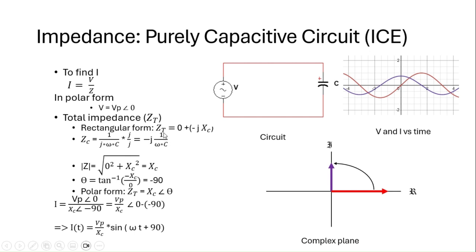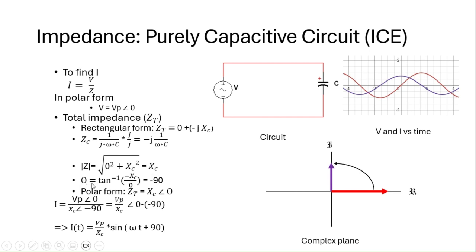Of course, we remember that 1 over omega C is our reactance. If I take the magnitude of that, that is the total, or Z C in this case, since they're the same, I end up with X of C, which again is our reactance.